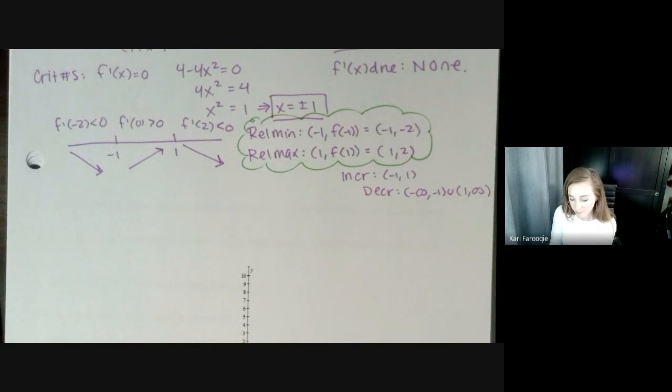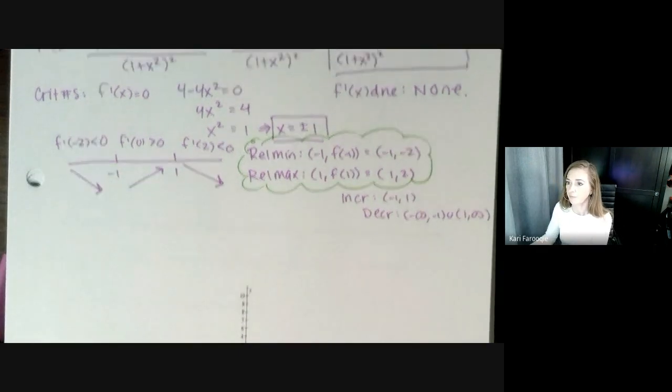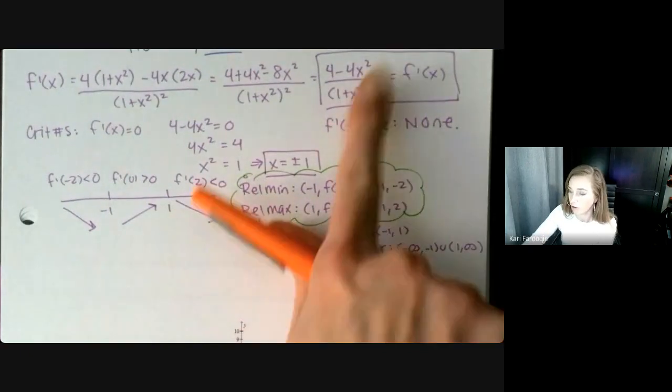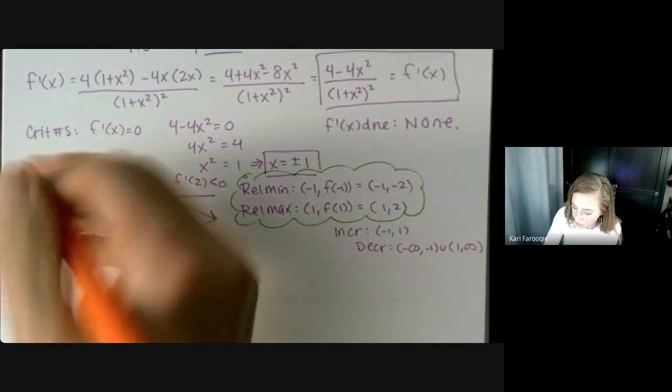Wonderful. So, second derivative time. F double prime. You can see your F prime is up here in this box.